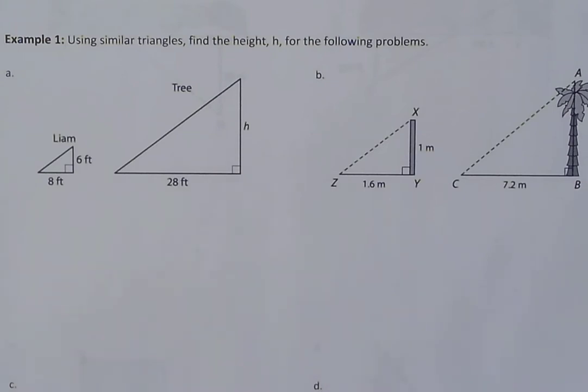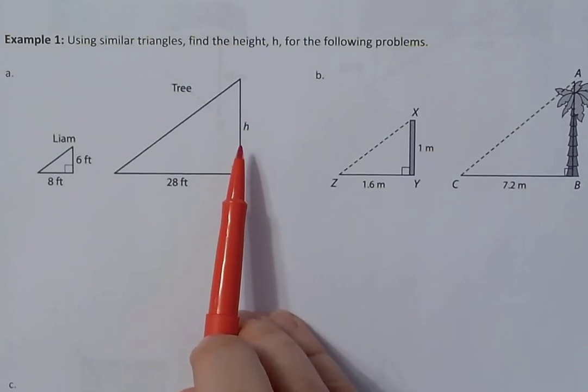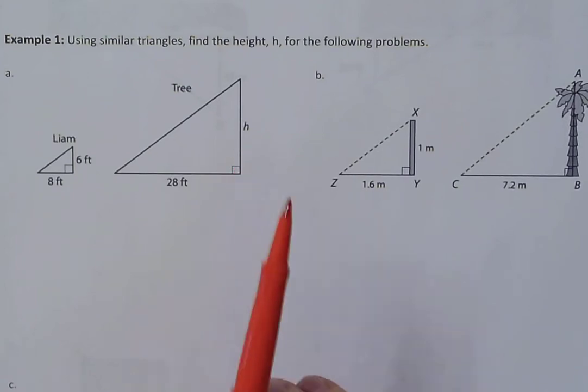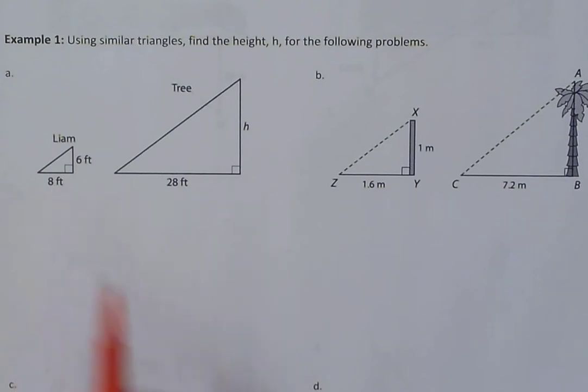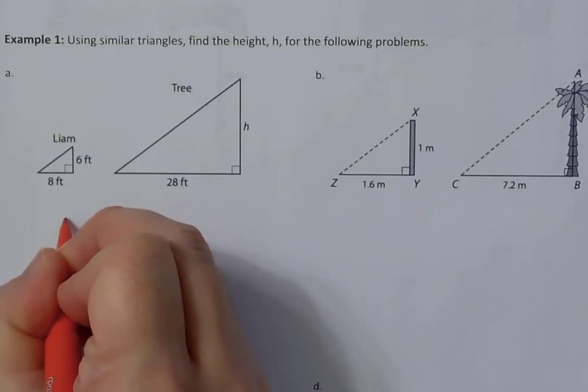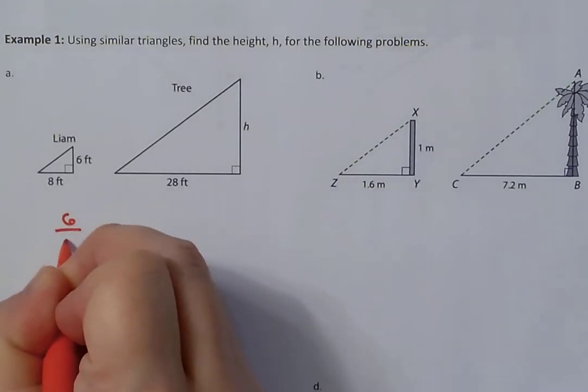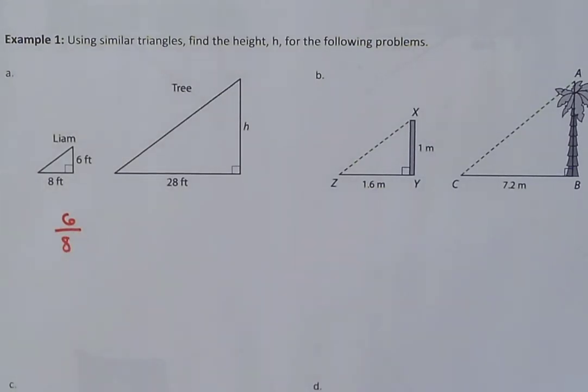So what we're going to do is set up a proportion to figure out h, or the height of this tree. Now, if Liam is 6 feet tall and he casts a shadow that is 8 feet long, we're going to set up our first part of the proportion, which is 6 over 8: 6 feet tall, 8 feet length of a shadow.